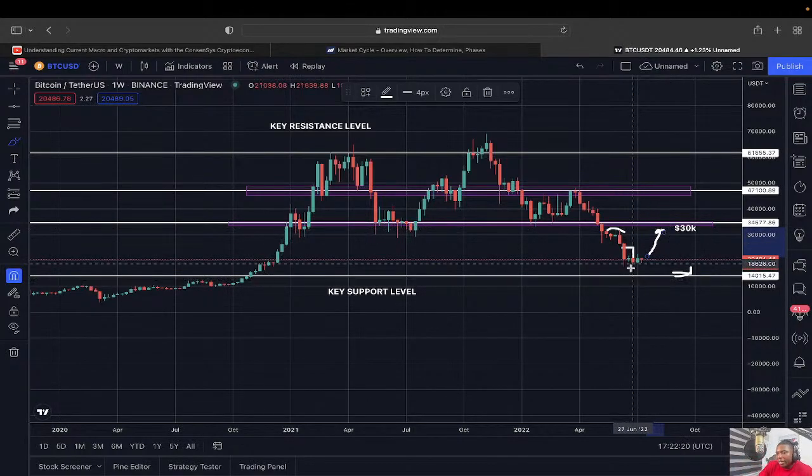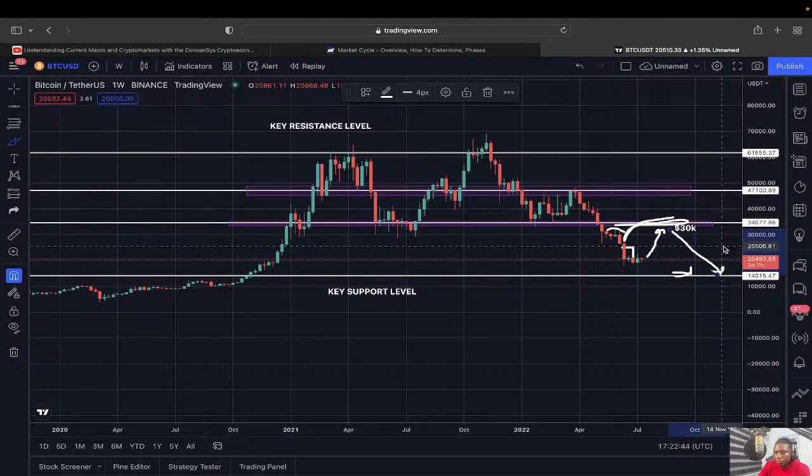A pullback can give you a signal; to some traders it is an opportunity to buy, or it's an opportunity to sell, because this level that it broke out from might still be very strong.